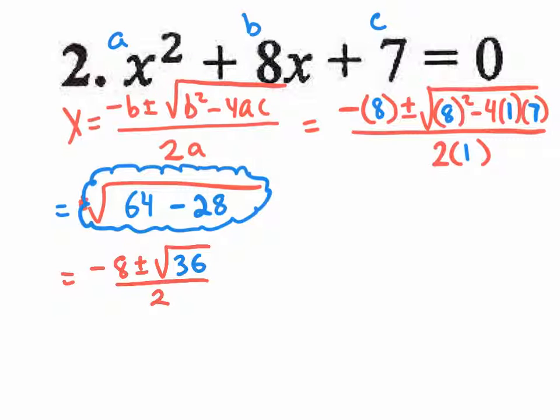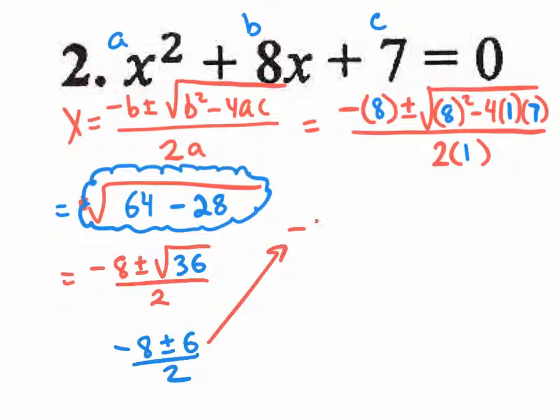So this right here is close to one of the final steps. Since we do have a nice, beautiful 36, which is a perfect square number in there, we could actually square root the 36. We're going to end up with negative 8 plus or minus 6 divided by 2. And the plus or minus really provides us two answers.